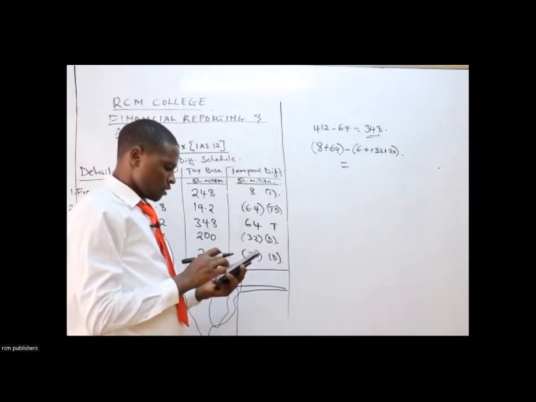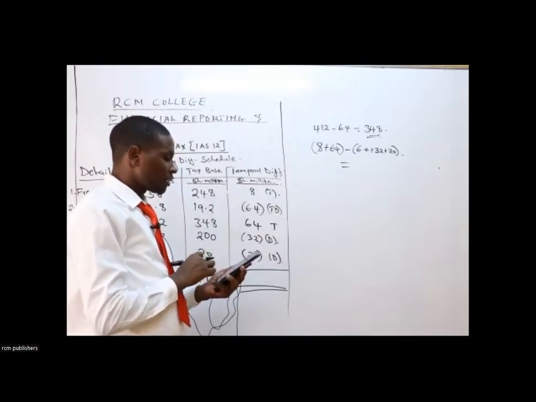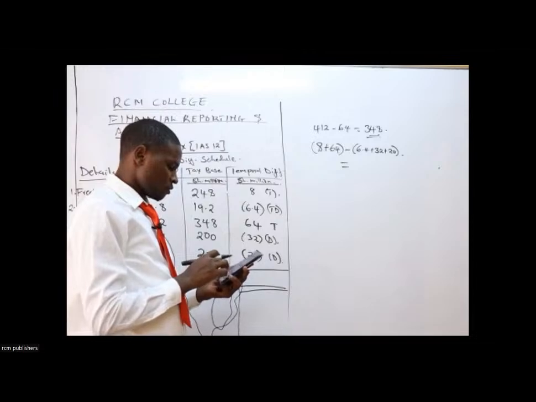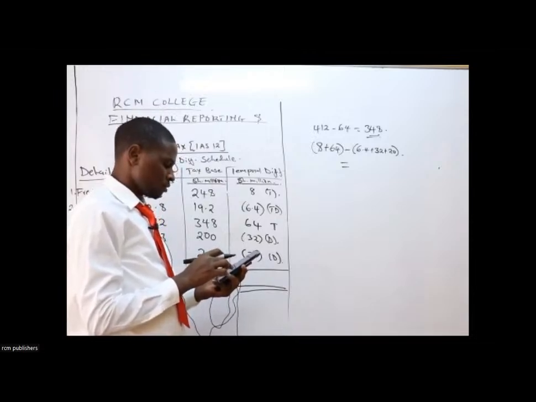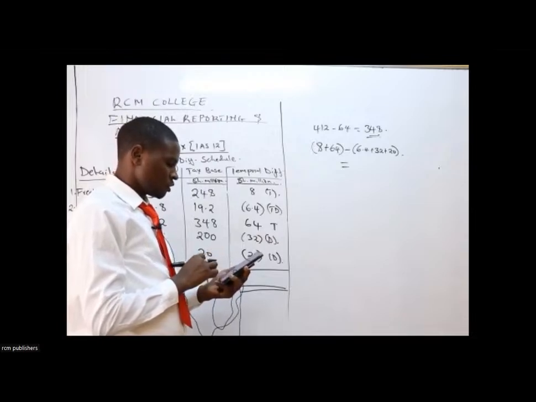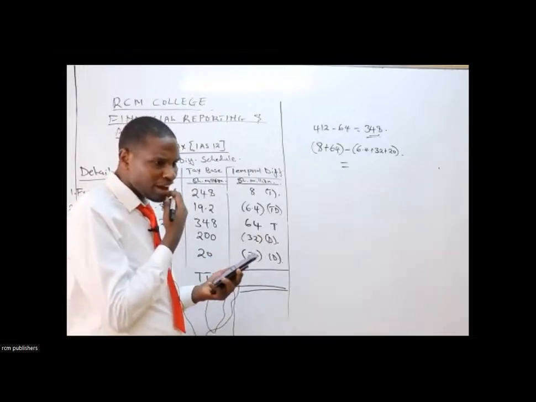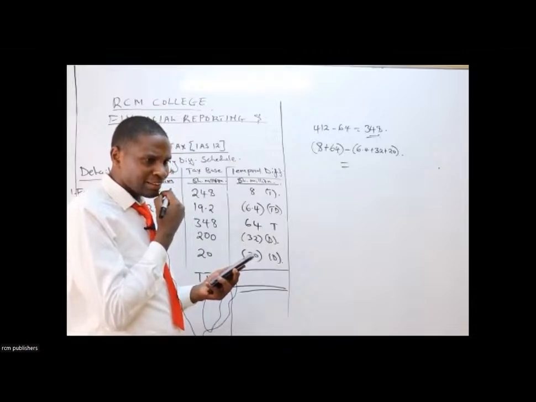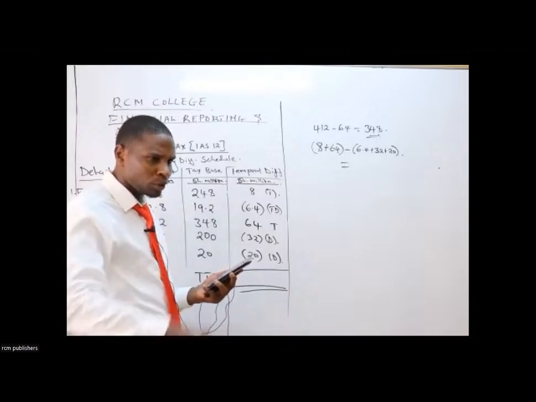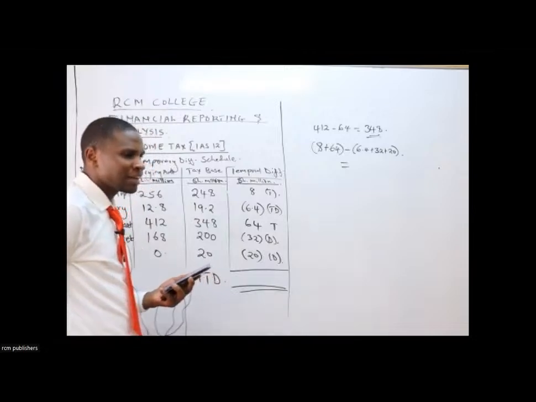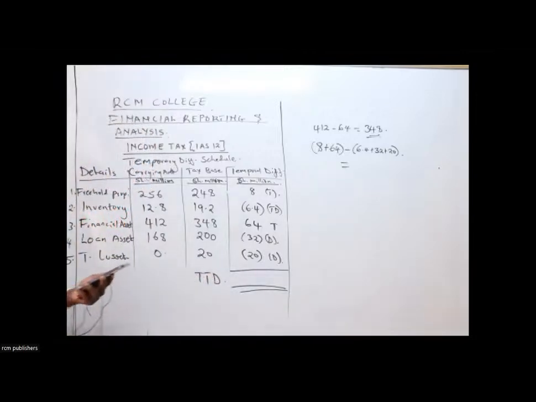So this is 8 plus 64 minus 6.4, minus 32, minus 20. I'm getting 13.6. Some people are getting 13.8.